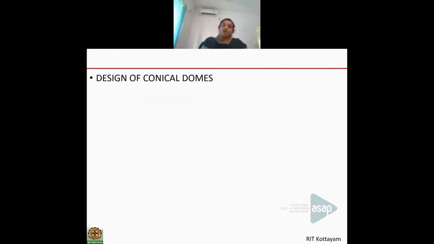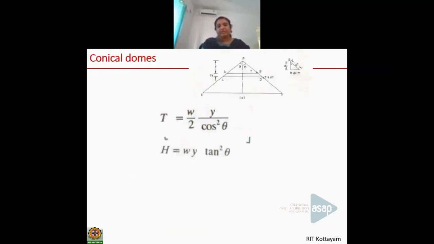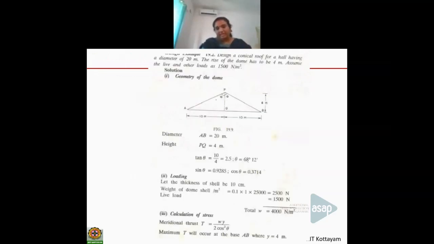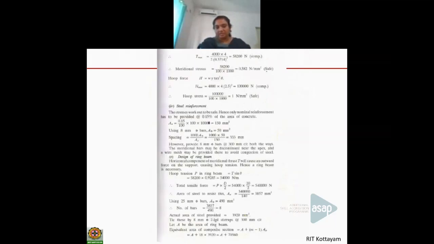And coming to the conical dome, if the spherical dome is clear, the conical dome is very simple, the same procedure but a smaller one. So I'm not going into detail about that. Once the first one is clear, I'm pretty sure that this can be done by a BTech student.